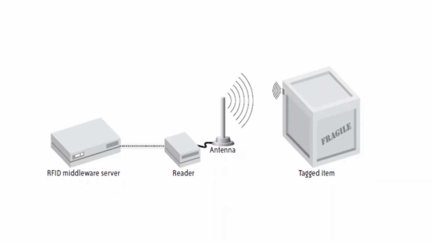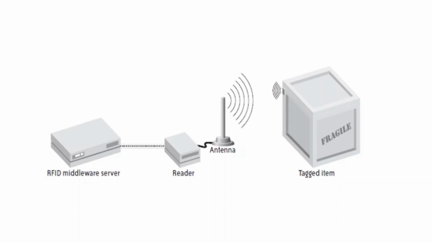Once again, I will explain the working process of an RFID system. At the bottom, there is a tagged item, for example your product or box. It contains an RFID tag that stores unique identification data. The antenna sends out radio signals which activate the tag and allow it to transmit its stored information.